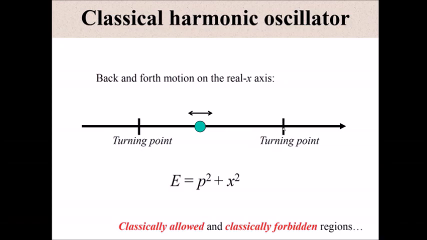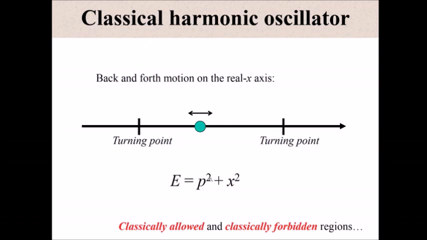And what you learn about is classically allowed regions and classically forbidden regions. Here's the particle on the real axis, going back and forth, and this is the classically allowed region. The particle cannot go to the right of this turning point. Where is this turning point?